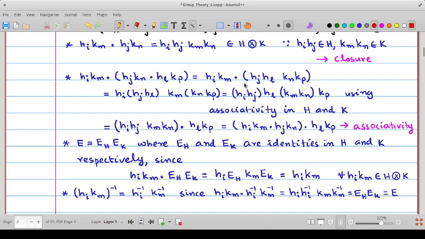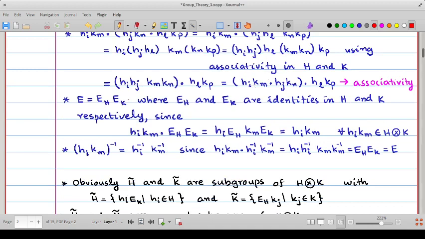So now we need to identify the identity of H cross K, H outer product K. That's given by the element EH times EK. Now if H and K are subgroups of the same group G, then both EH and EK are the same, and E is simply the identity of the group G. So let us write E as the product EH EK.